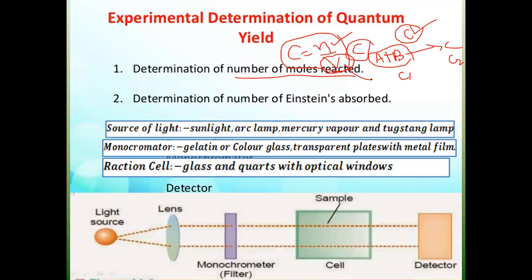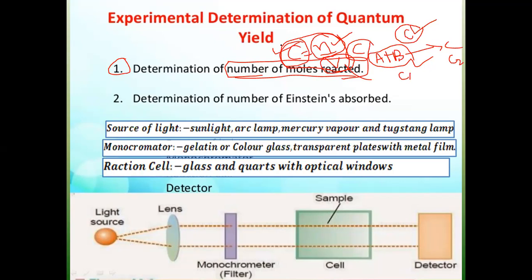The volume is specific, and concentration is also determined by this method. From these two terms you can find out how many molecules participate in the product formation. So the number of molecules reacted can be found through this method. So this is the first step toward the quantum yield determination.